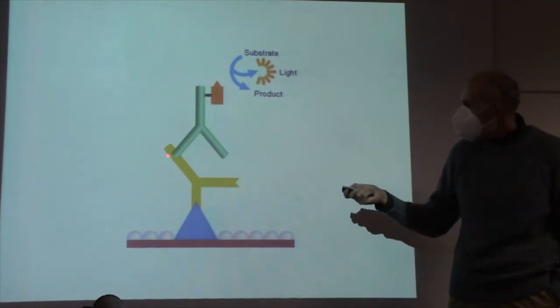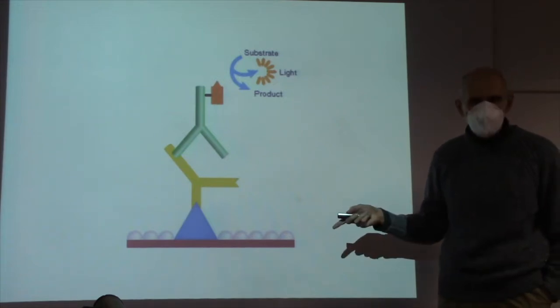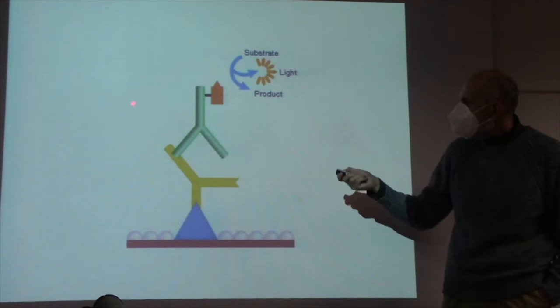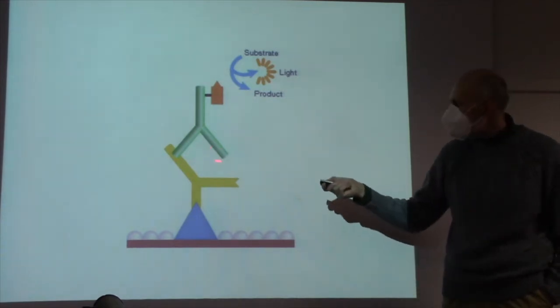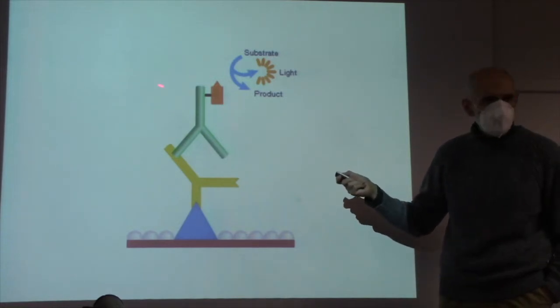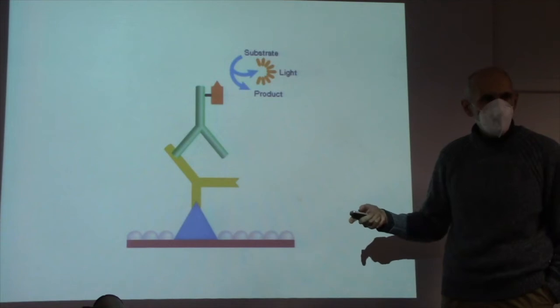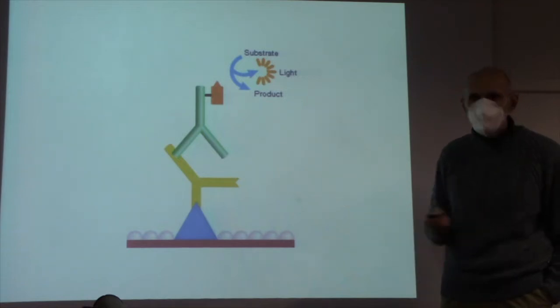Then you have a so-called primary antibody that recognizes specifically the antigen, and a secondary antibody, which is in fact an antibody against the first antibody, which is conjugated not with a fluorochrome this time, but with an enzyme, which is capable of converting a substrate into a light-producing product.